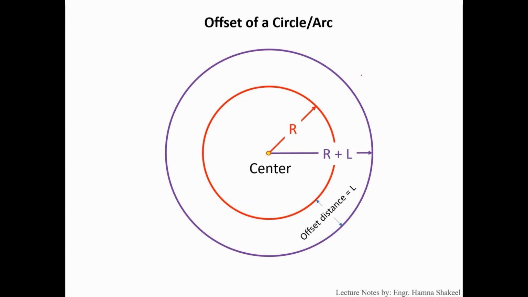So the circle that you get is the offset circle and this one is the outer offset circle. The radius of the offset circle is r plus L, where r is the radius of the actual circle and L is the required offset distance.